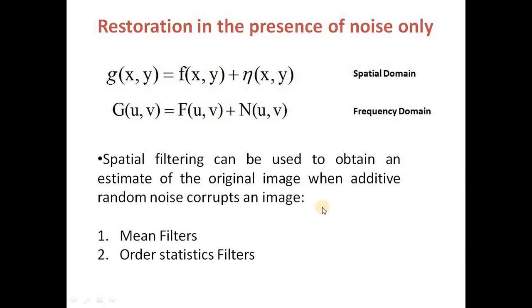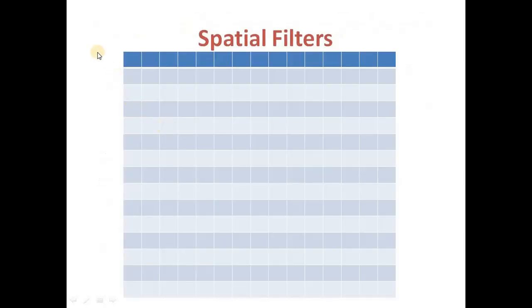You take help of a certain m cross n window in order to implement spatial filtering. To revise it, let us rediscuss it. We define a kernel of size m cross n. Let m cross n be 3 cross 3, so the kernel will be a 3 cross 3 matrix.